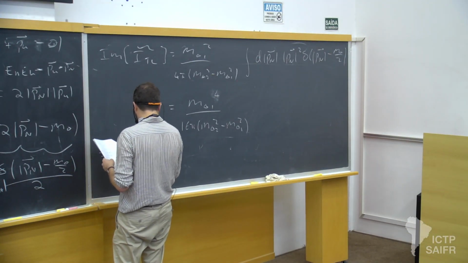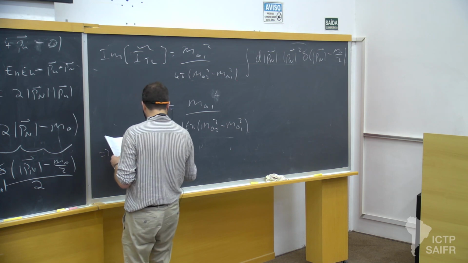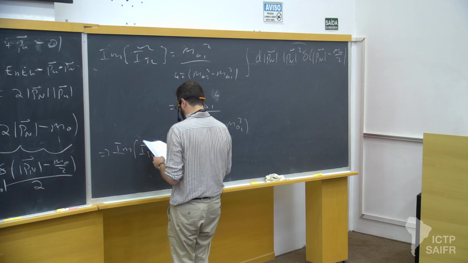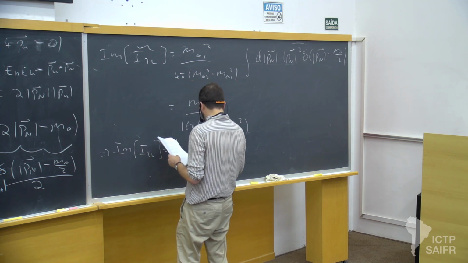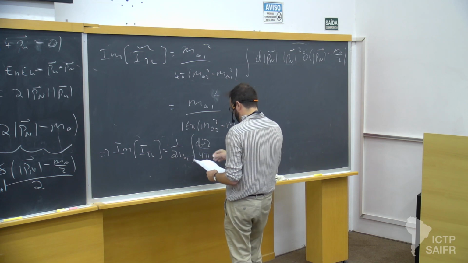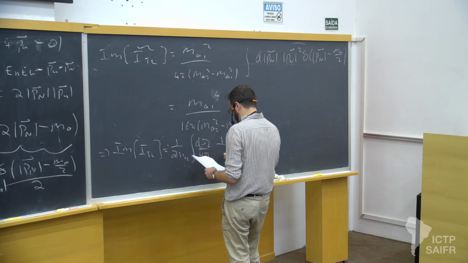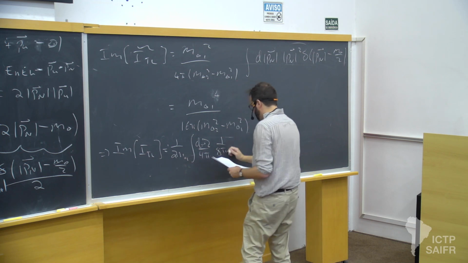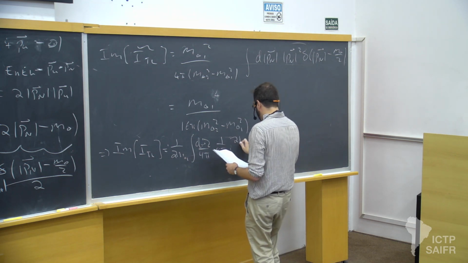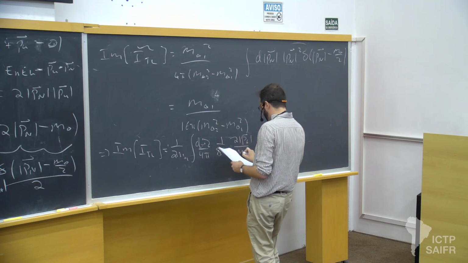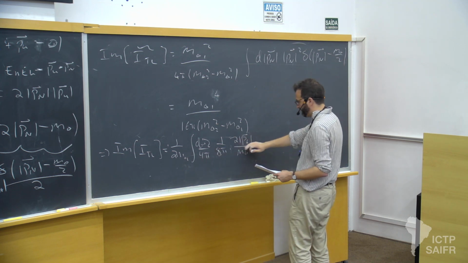imaginary ITL is going to be 1 on 2 m delta 1 integral d omega on 4 pi. We can integrate over the entire solid angle, so this just gives us 1 on 8 pi times the final state momentum over m delta, because the particles are massless.